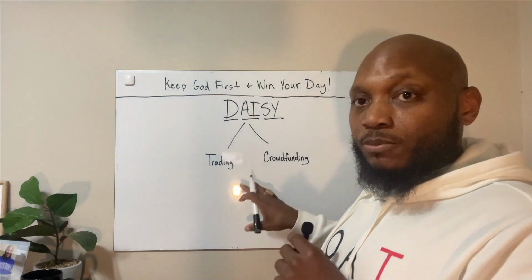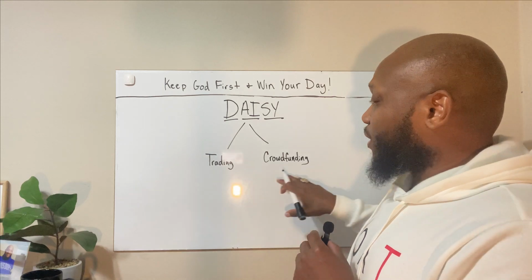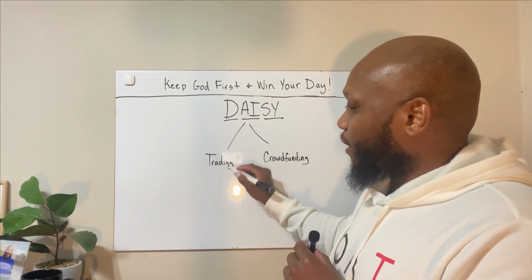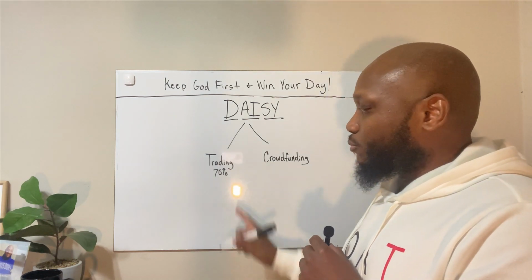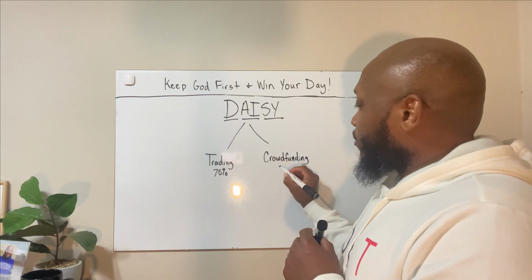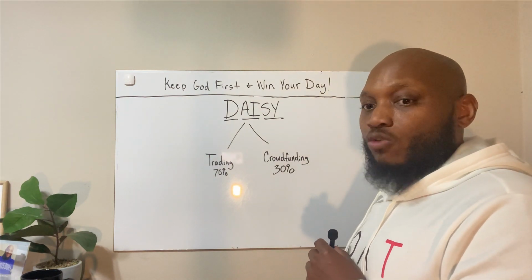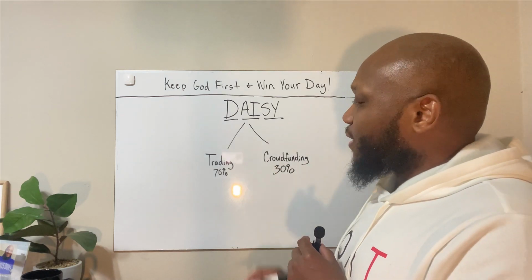Every time you contribute to Daisy, the contribution is split between these two. Generally speaking, 70% of that contribution goes into trading and 30% into the crowdfund. So the trading is the trading.